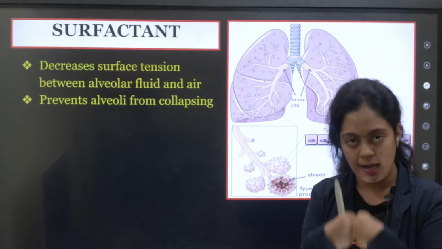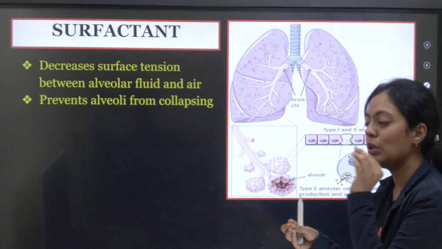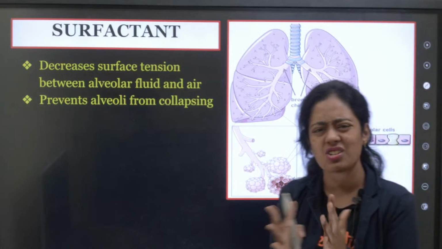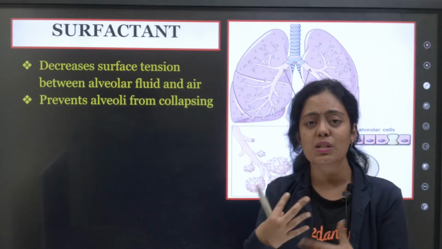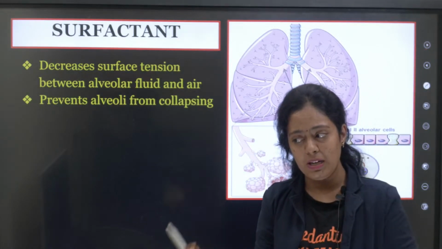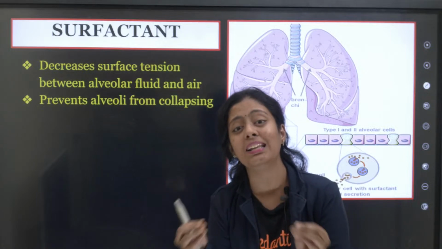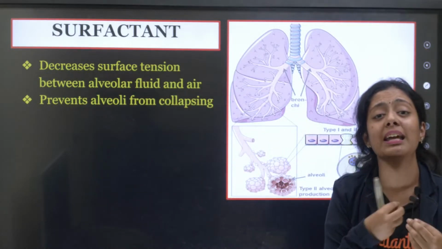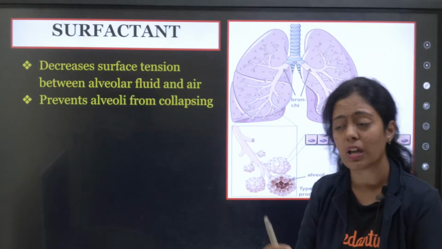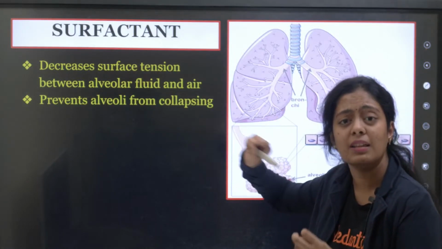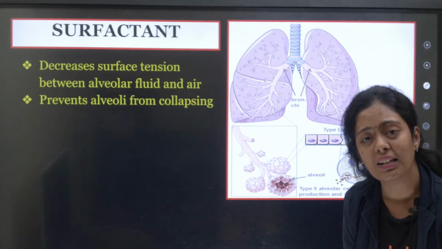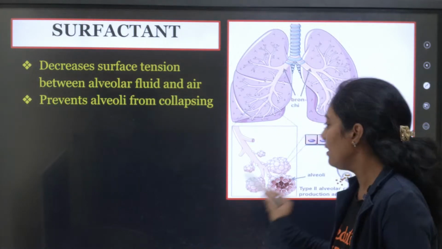In our lungs there is a substance called surfactant. With so much exchange of gases, some surface tension will build up, and surfactant prevents the alveoli from collapsing. Just like your trachea has cartilaginous rings, your alveoli have this, which is very important.